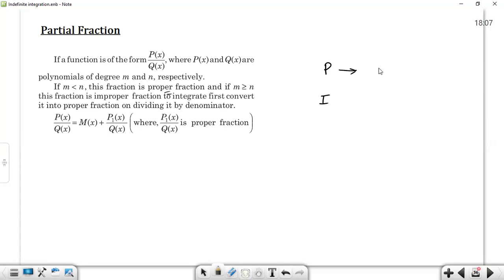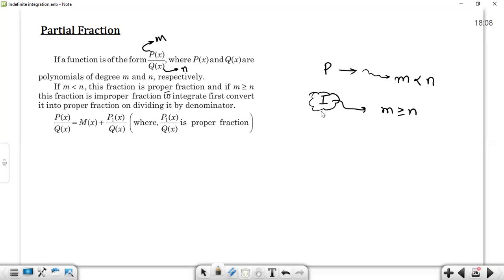Proper fractions are those in which the degree of the numerator, let's say m, is less than the degree of the denominator, n. Otherwise, they are known as improper fractions. We are going to discuss the concept of proper fractions.